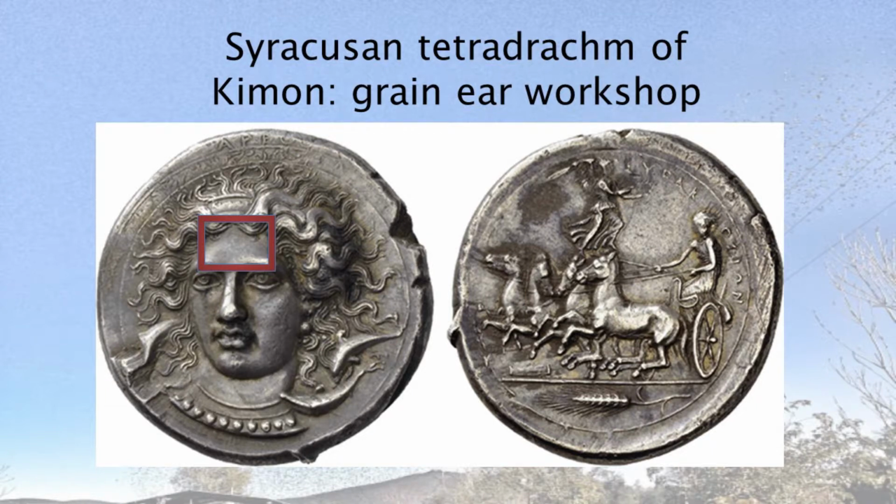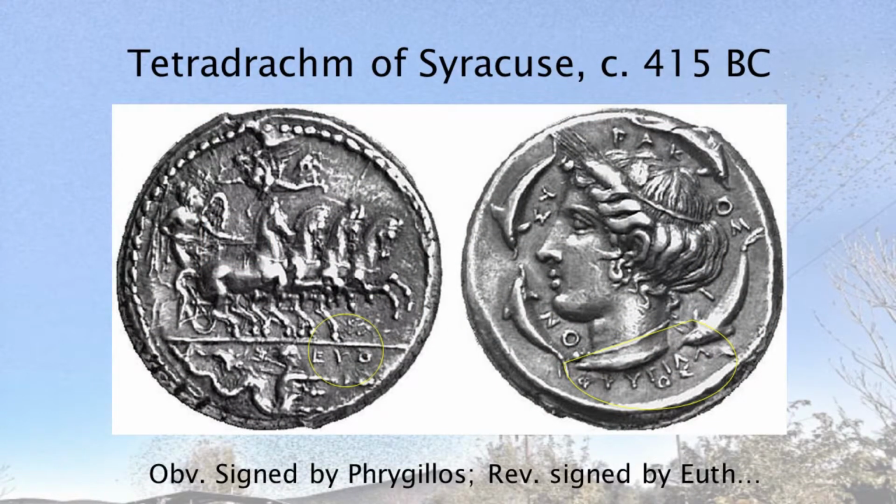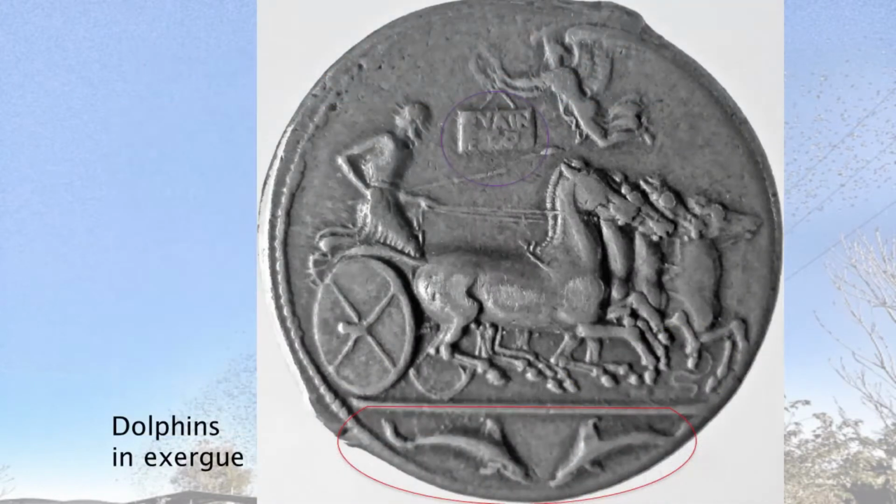In Sicily, two symbols occur frequently on coinage. One is the ear of grain here on the exergue. All right, let me go back. And the second is the dolphin, also found here on the exergue.